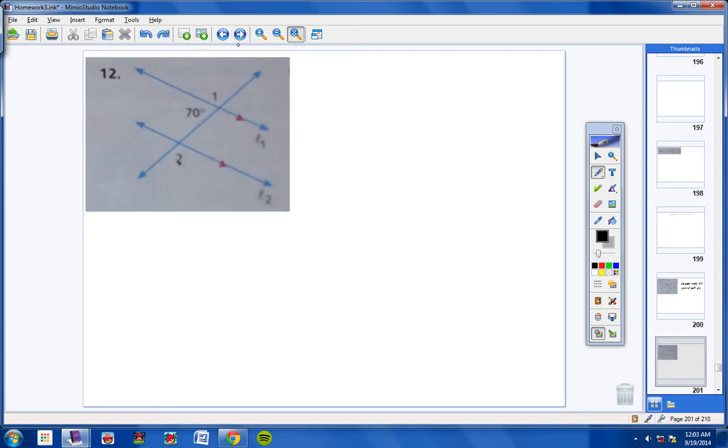Okay? All right, number 12. Well, first of all, I would state that the measure of angle 1 equals 110, and the reason would be linear pair, which is supplementary. Obviously this angle here is a straight line with a line coming off of it, so this angle and this angle are a linear pair, and linear pairs are always supplementary. Now, what would I say for angle 2?